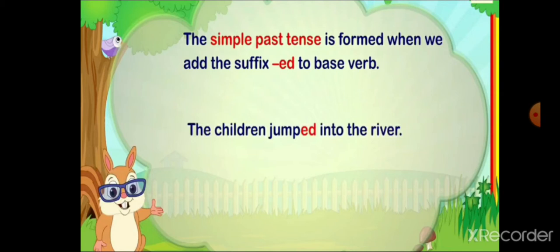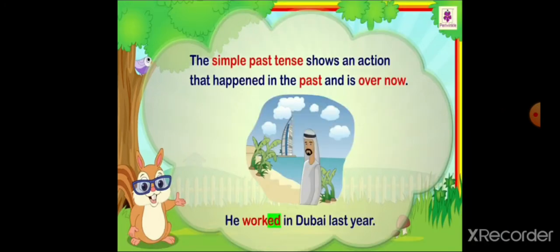Let's see the example. The children jumped into the river. In this, we add ed to the base form of verb jump. So it becomes jumped. So we can say that the action was performed in the past. So this tense is simple past tense.